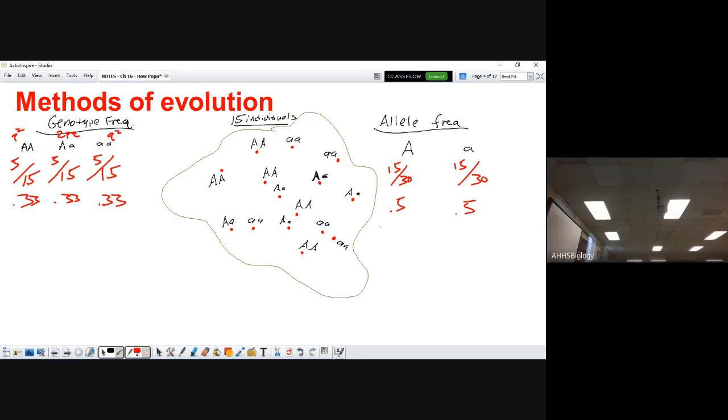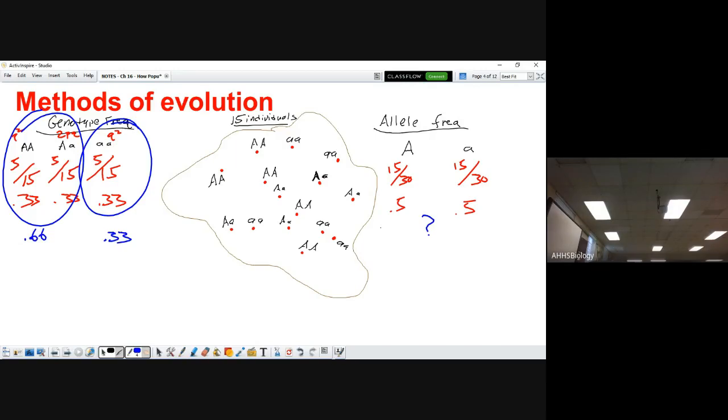But most likely we wouldn't have known this. Most likely the only thing we would have known is that right there and that right there. We would have known that 0.33 were expressing the recessive phenotype and 0.66 were expressing the dominant phenotype. And we would have had no idea over here which one was which, because we wouldn't be able to tell. There's no way you can do that unless you start using the math.